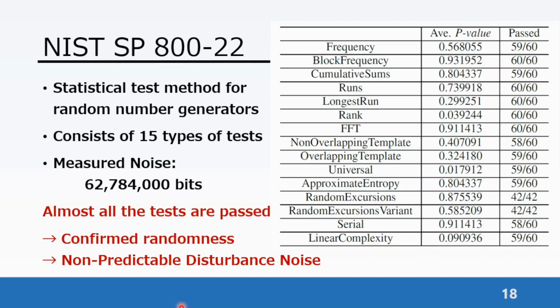We verified the measured 62 million bits of the reset noise. The reset noise passed almost all tests with a high probability, and we confirmed the randomness of the reset noise. Thus, we can conclude that the reset noise can be effectively utilized as a disturbance noise against adversarial attacks.